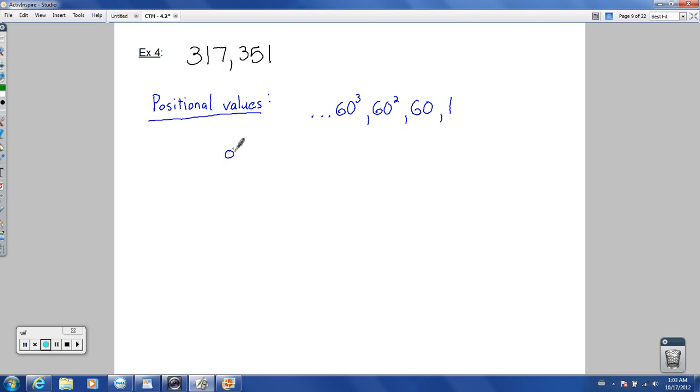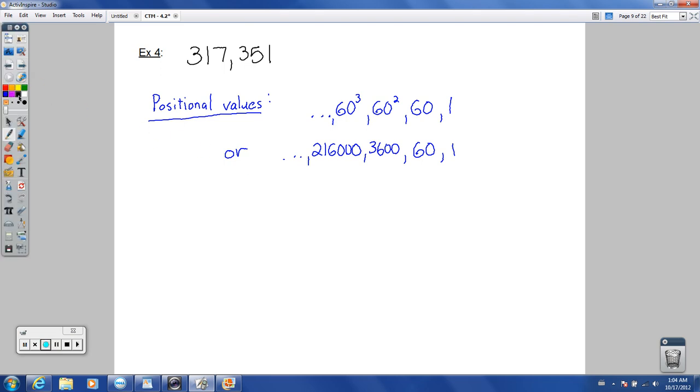Another way to write this: 1 is just 1, 60 is just 60, 60 squared is 3600. 60 cubed, put that into a calculator and you get 216,000. And again, I'll put a comma there. That would continue going this way too. For this class, we probably won't need anything bigger than this one.